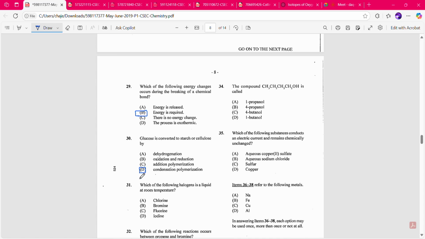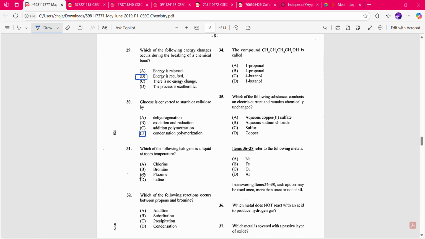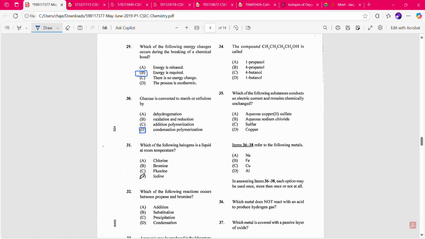Glucose is converted to starch or cellulose by condensation polymerization. Remember that the only one that does addition polymerization is the alkenes. 31. Which of the following halogens is a liquid at room temperature? So you have fluorine, chlorine, bromine. Bromine. I wish all these questions come back.